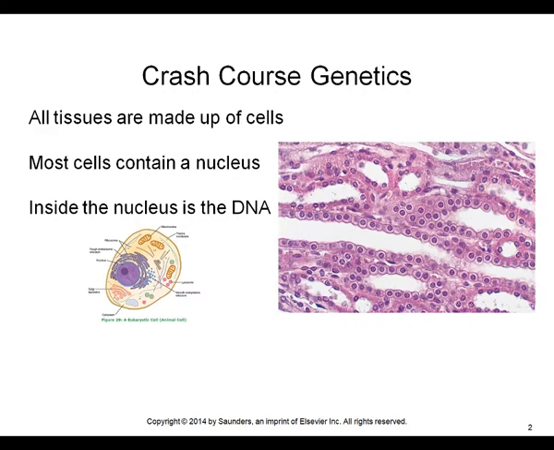All tissues are made up of cells, right? And so, for instance, on the right there, that's actually a cross-section of the kidney, I believe. And those cells that are surrounding the little tubes or the open spaces there are the cells that line the nephron, and that is epithelial tissue, by the way.